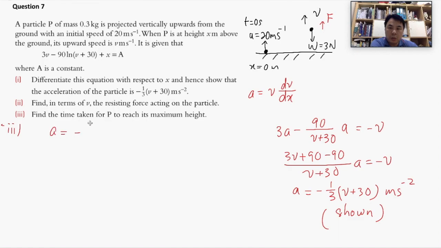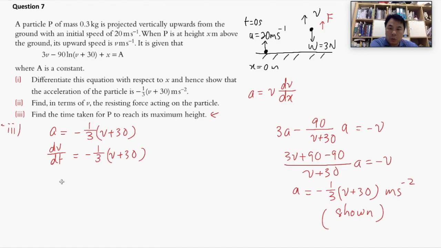Acceleration is equal to this. And then acceleration is dv dt, that is rate of change in velocity. We're going to solve this differential equation before we can proceed on answering this question here.